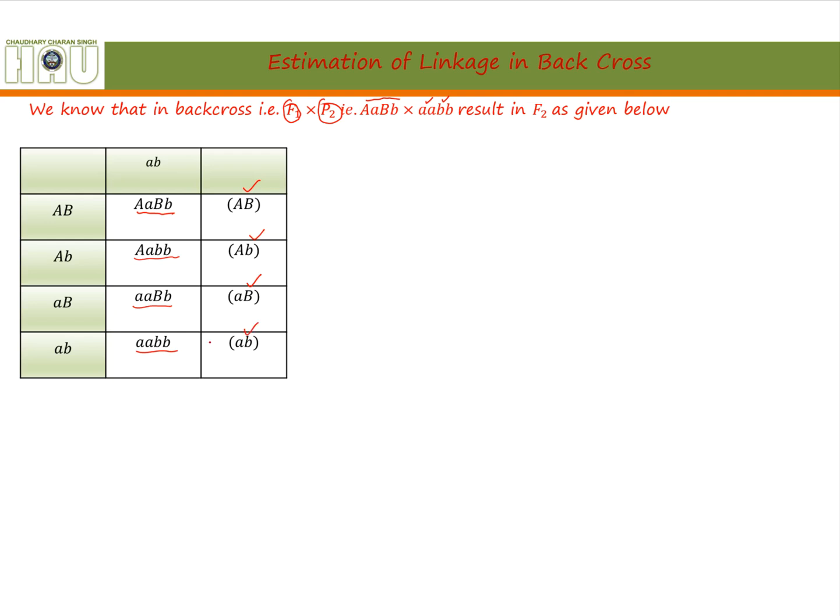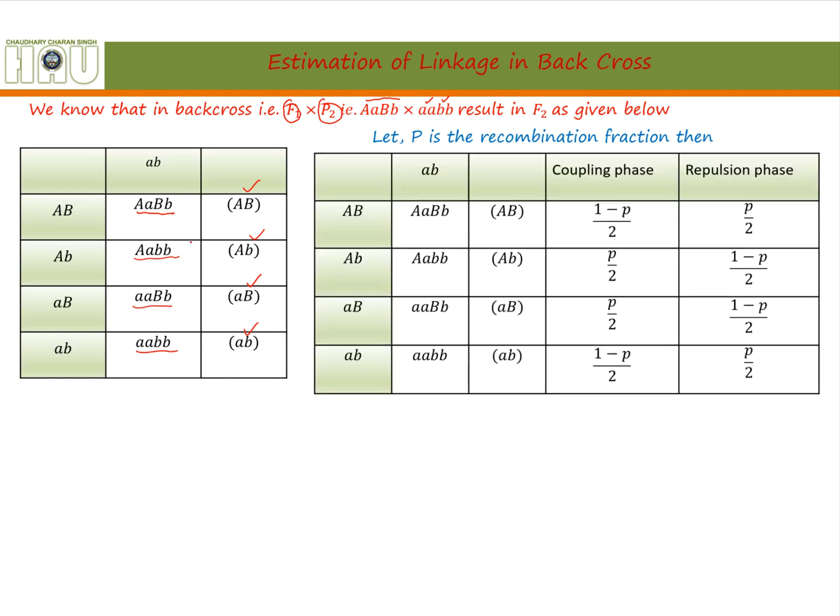And suppose P is my recombinant fraction. Then how can the values of these recombinant fractions in various classes occur? These are my four phenotypic classes: capital A capital B, capital A small b, small a capital B, small a small b.